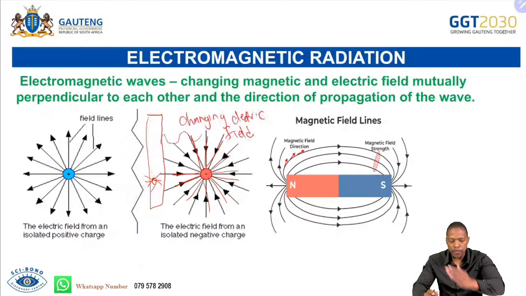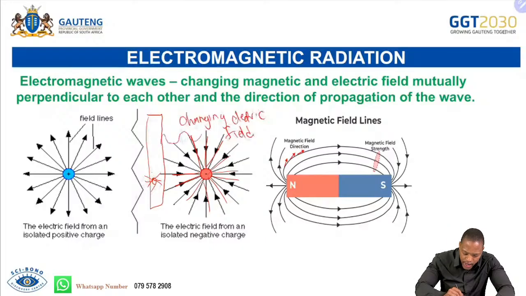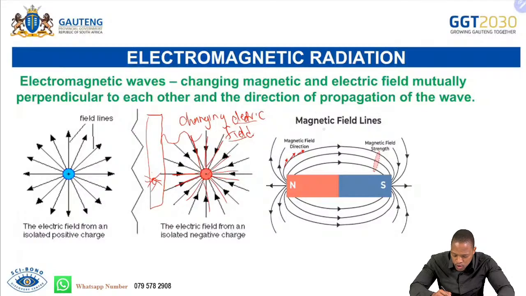This changing electric field will propagate as a wave. But then scientists found that this changing electric field will automatically cause a change in a magnetic field.